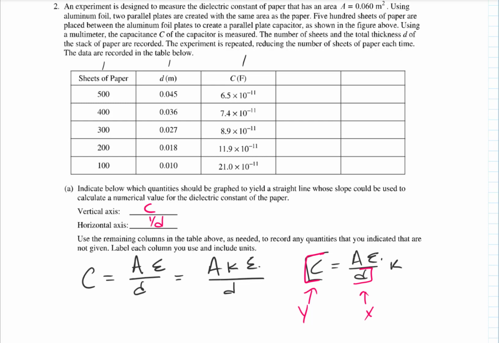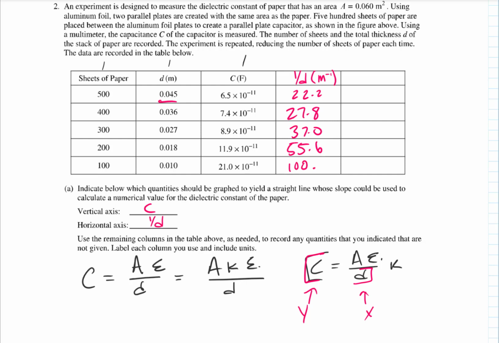And so I want to go through and here put 1 over D, so that's going to be meters to the negative 1 in that column. I'm going to take that distance and take the inverse of it all the way down the column, because I'm going to use those numbers to make a graph. So I've got 22.2, then I have 27.8, I'm going to take the inverse of that, we have 37.0, the next one we have 55.6, and the last one we have 100.